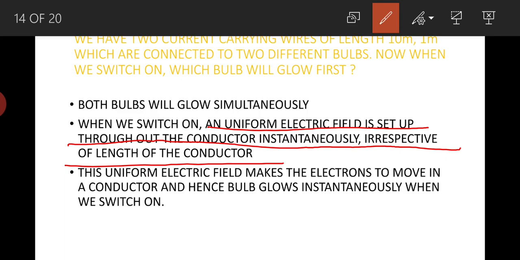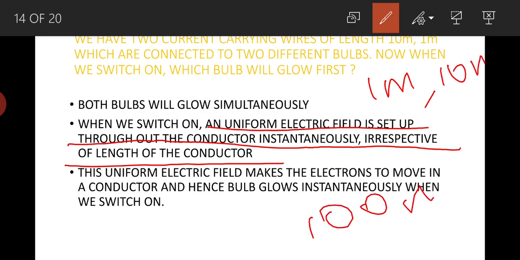Whether it is 1 meter, 10 meters or 100 meters, current will be passed instantaneously throughout the length of the conductor, and a uniform electric field is set up.